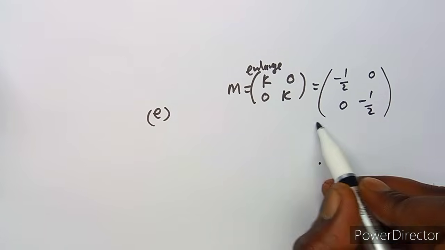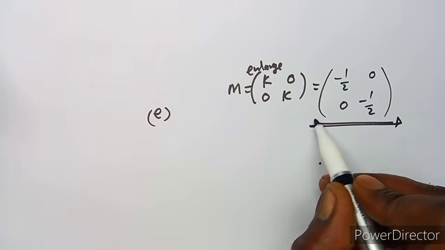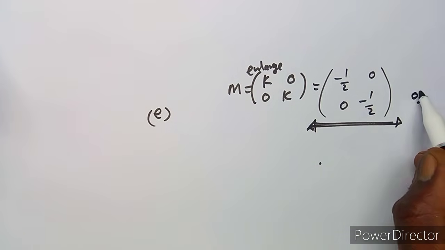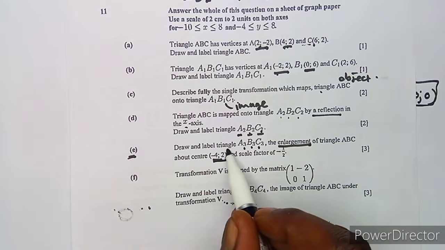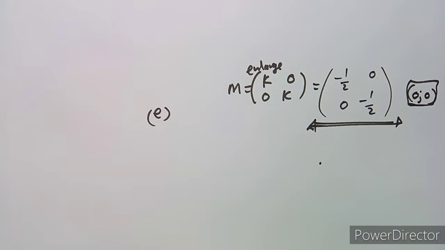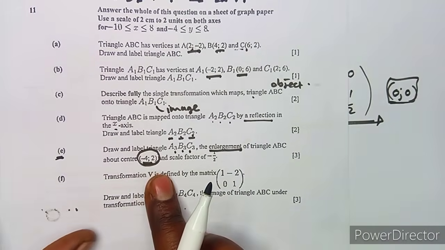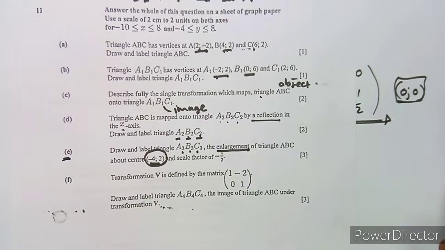But remember, I told you that for this matrix to be used, it must be on a condition where the center is 0, 0. And in this case, our center is not 0, 0, which is minus 4, 2. And remember, guys, from the introduction of matrices, that whenever the center is not 0, 0, you subtract the center first from the coordinates of the object.